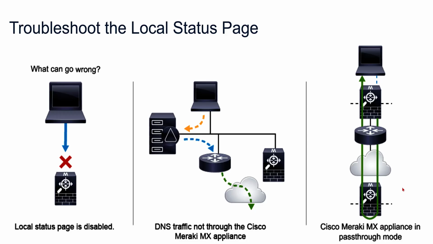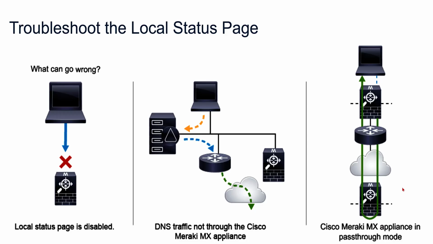You can disable it in the dashboard. And by the way, that's a feature that is applied network-wide. So you go to network-wide, general, local device status page, and you can turn it off. The fix would be to re-enable it, but that might be a problem if you can't get to the device anyway.